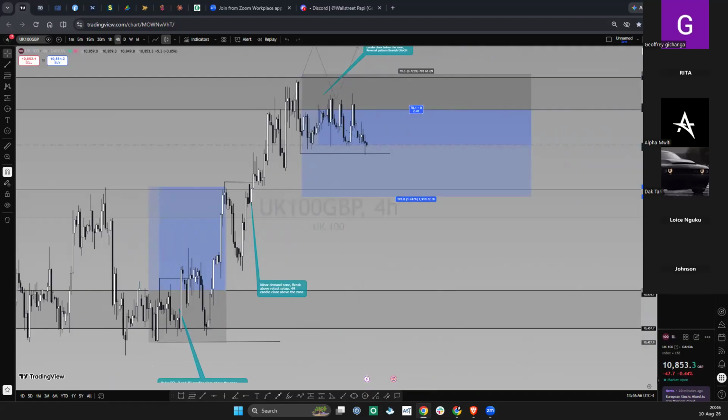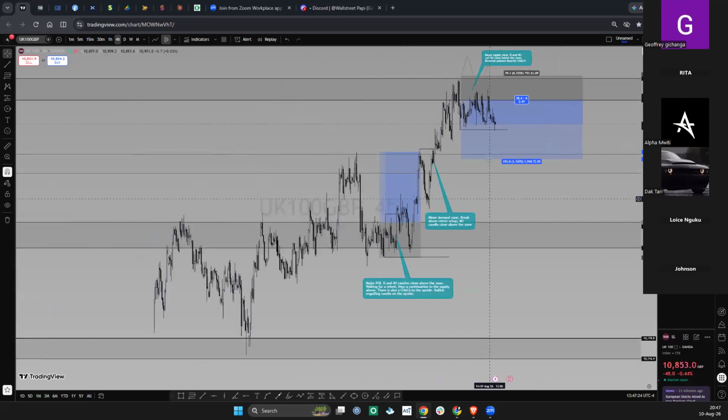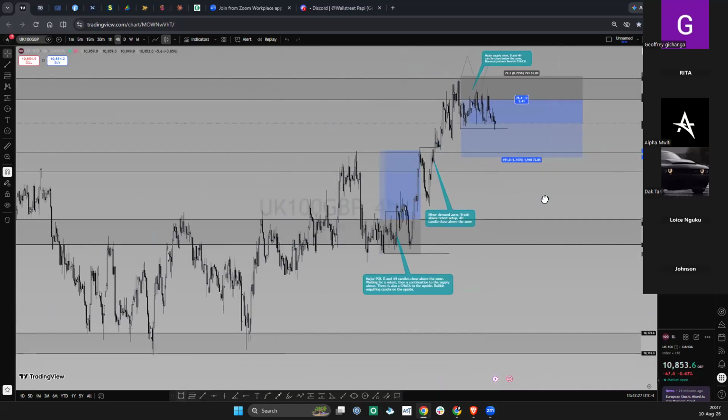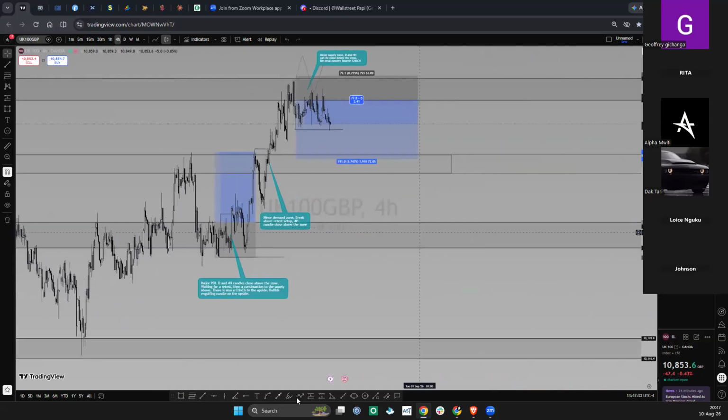Since we have weak DXY, according to the research I've done, the majority of investments in UK 100 are done in US dollars. So the weak DXY might change the bearish bias. So my short-term sells will have this short-term demand zone as the target.